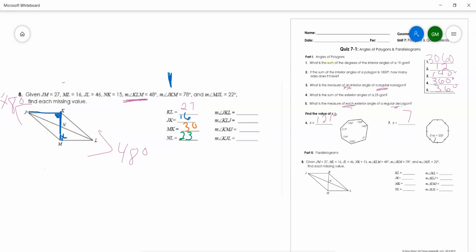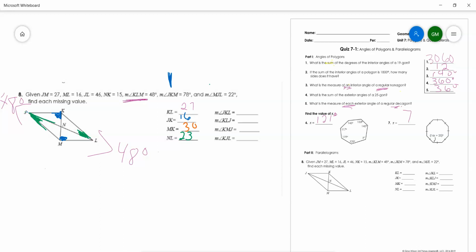And then MJL. So we're going up here and then across the middle diagonal. So that's this angle here and then this angle here.